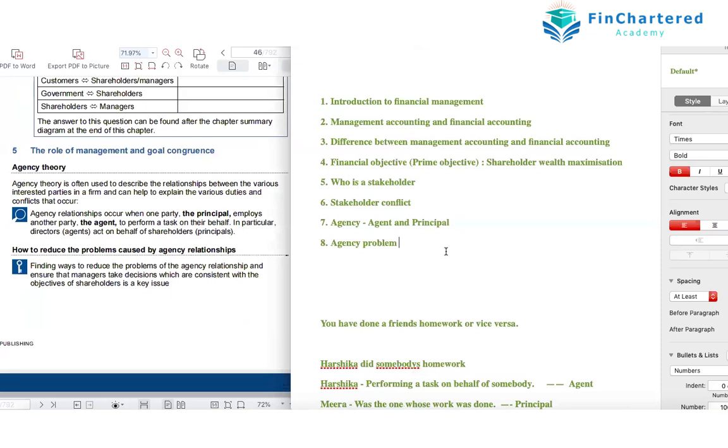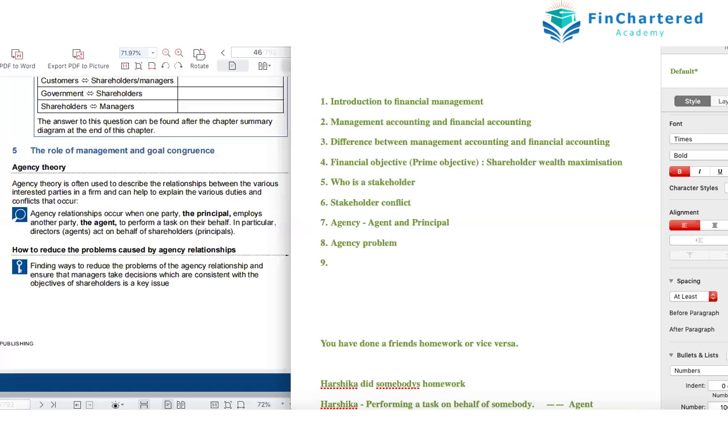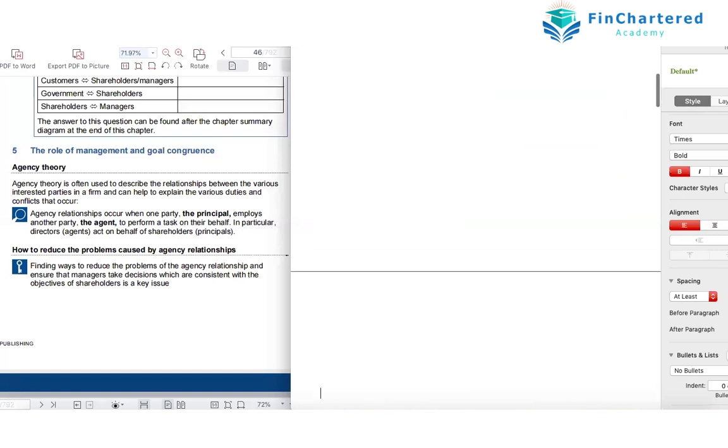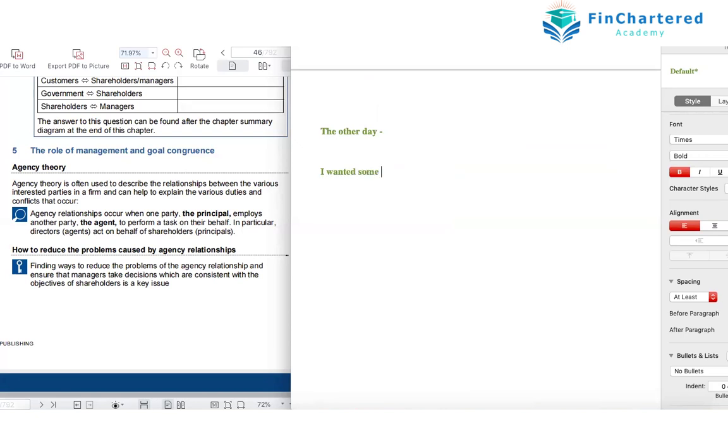Okay. So what is this problem? The problem is this. The other day, I'll give you another example, an analogy to explain what is agency and what is the agency problem. The other day, I wanted some cold drink.